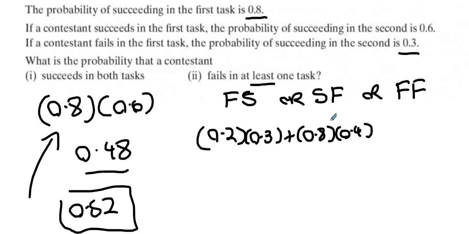I passed the first one, and I had a 60% chance of passing the second one, but I didn't. So it was 0.4. Double fail, 0.2 by 0.7. If you fail the first task, your probability of succeeding the second task is 0.3, so your probability of failure is 0.7. Add all of them up together and tell me what you get.